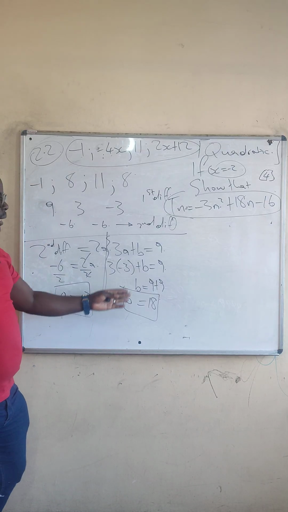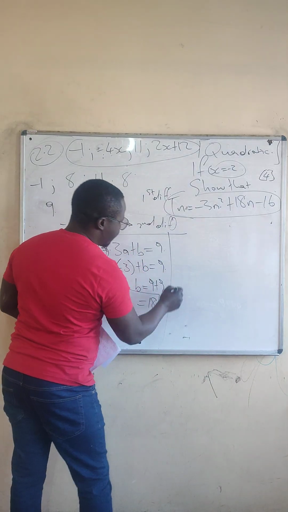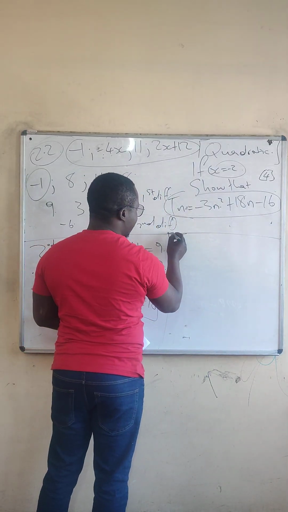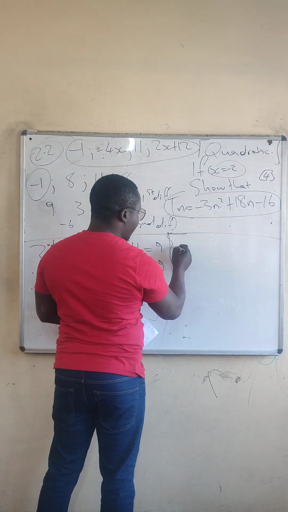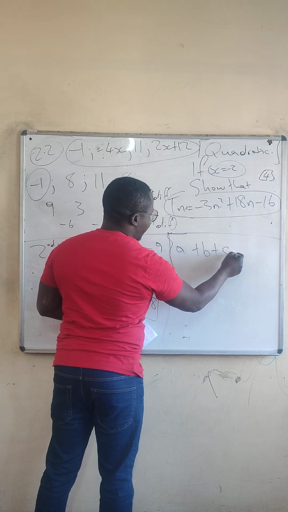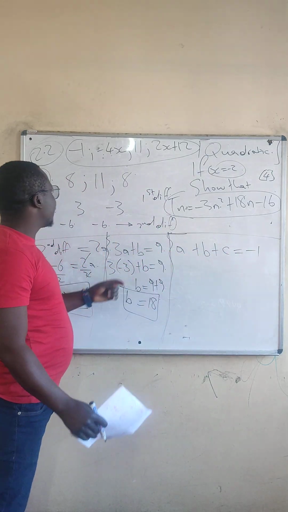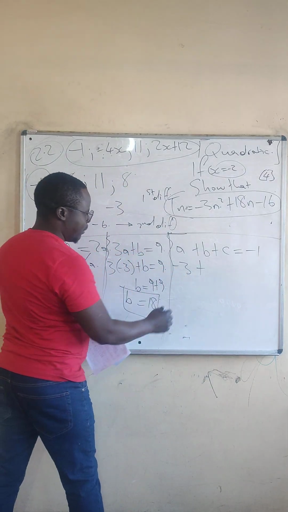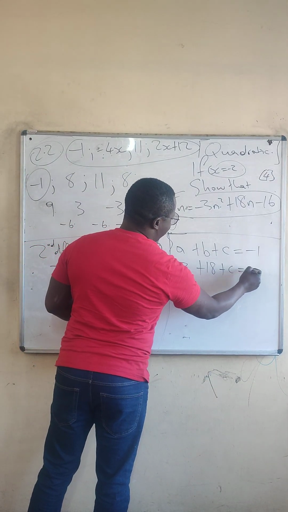We get a, b. Let's move on to find the value of c. We use the first term, which is equivalent to a plus b plus c equals minus 1. Let's substitute a, minus 3, plus b, which is 18, plus c is equal to minus 1.